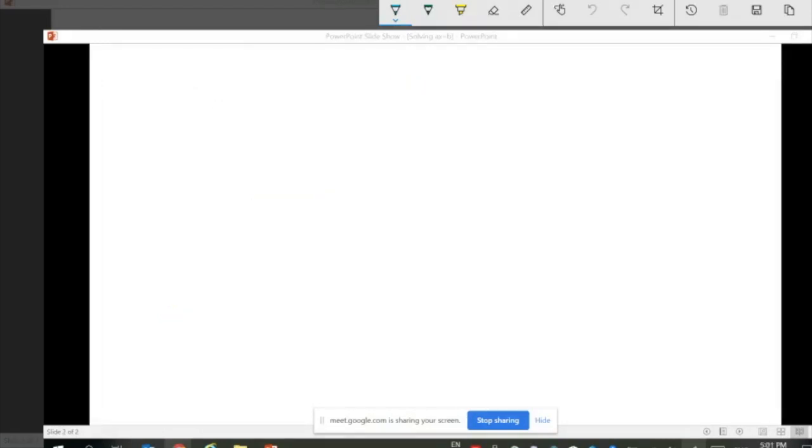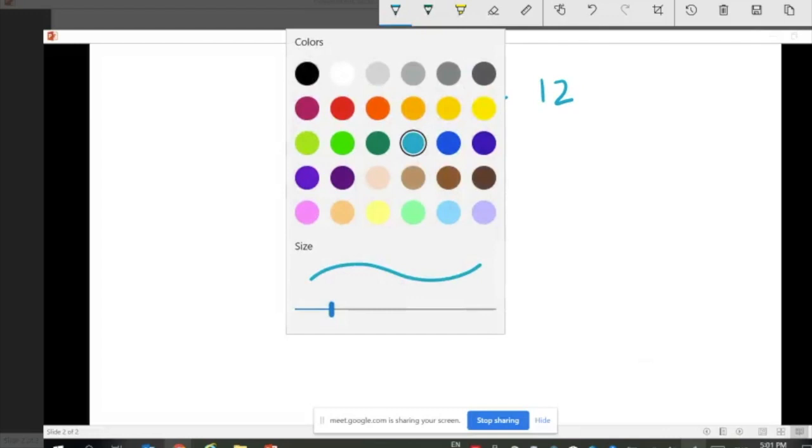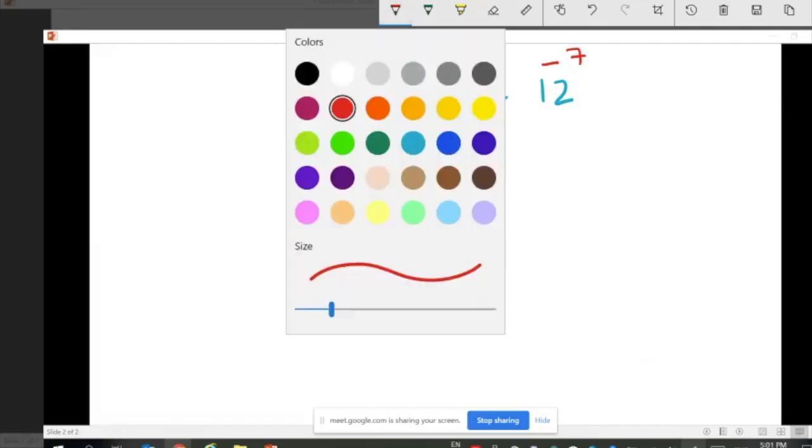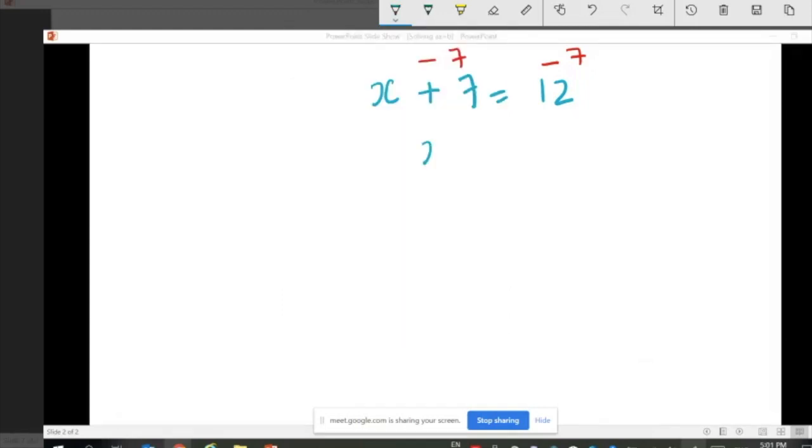Last lesson, you have learned to solve algebraic equations of the form x plus 7 equals 12. In order to solve this kind of equation, you need to subtract 7 on both sides so that you can form a zero pair here. So your x will be equal to 12 minus 7, which is 5.